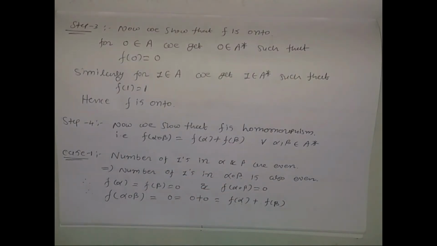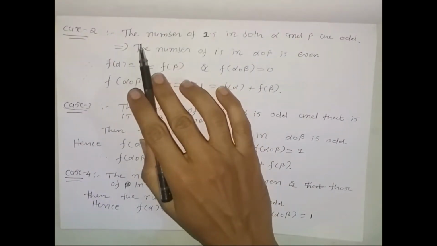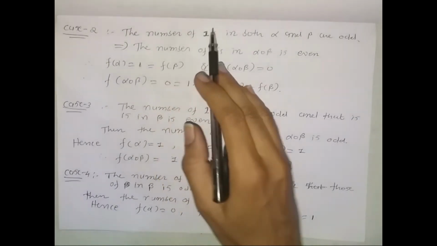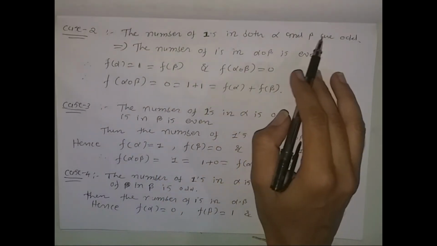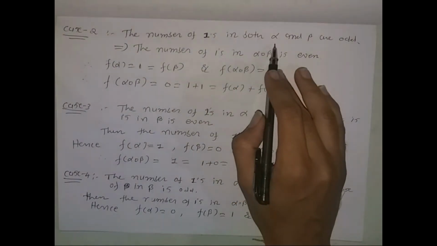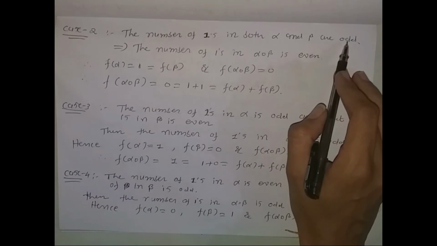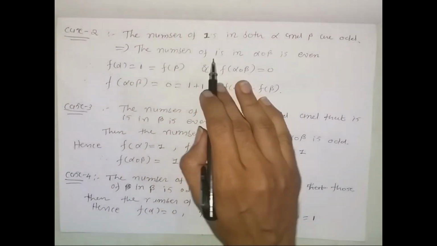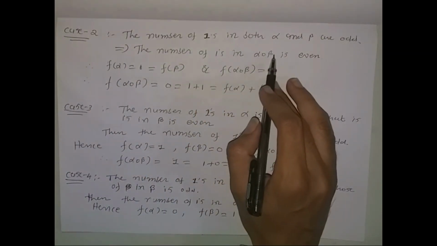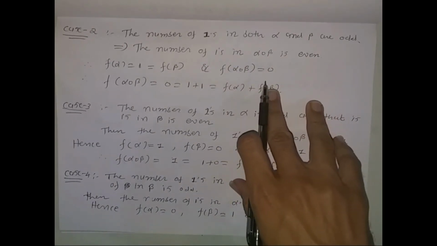Okay, now case number 2. Case 2 is that the number of 1s in both alpha and beta are odd. The number of ones in alpha is odd and the number of ones in beta is also odd. Then the number of ones in alpha catenation beta is even, because the addition of two odd numbers is an even number.